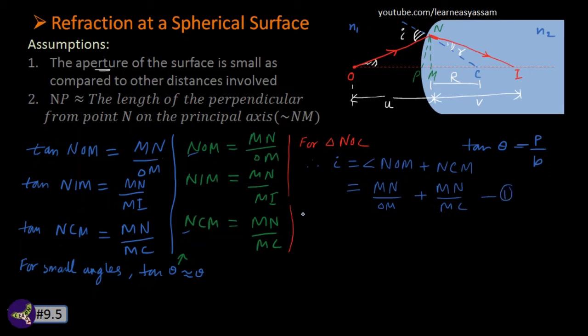Now let us consider the other triangle, suppose the triangle NIC. This is the triangle. If we consider the exterior angle, this NCM is the exterior angle.